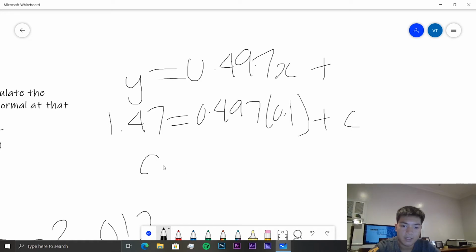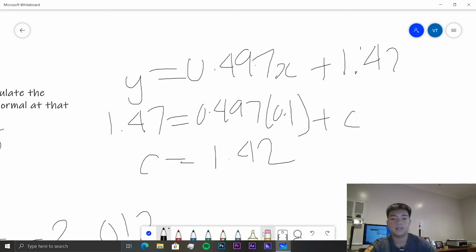So c is equal to 1.47 minus 0.0497, which is around 1.42. So we have 0.497x plus 1.42. Okay, now on to the next question.